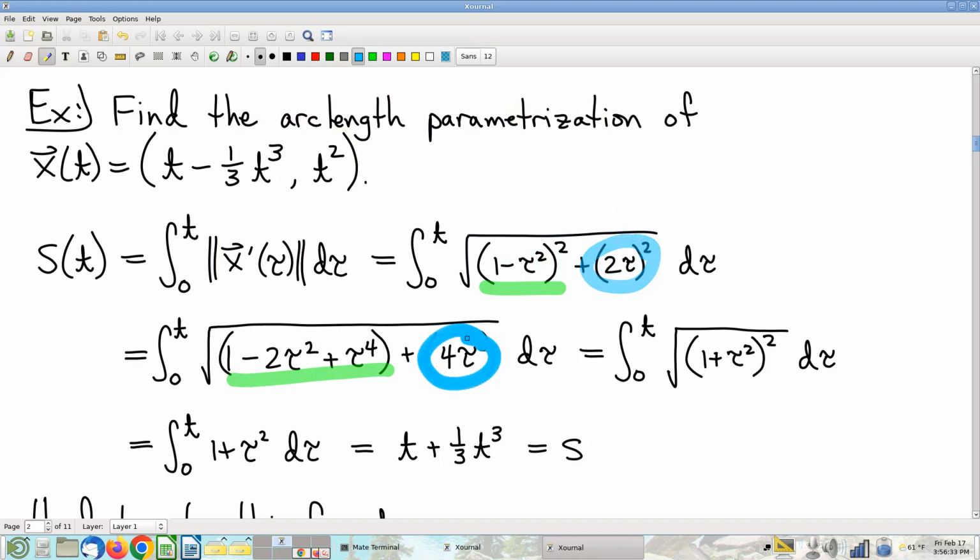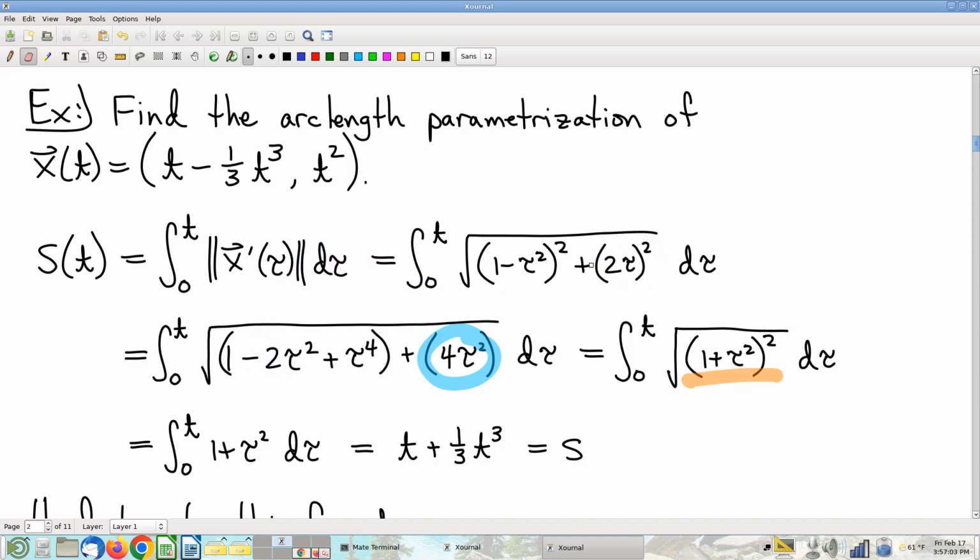This turns the green perfect square into this orange perfect square. It turns this minus 2 tau squared into plus 2 tau squared, effectively turning this minus into that plus. Wasn't that clever? I wish I'd thought of that on my own. I didn't. Somebody showed me this many years ago. So every so often you'll get lucky.